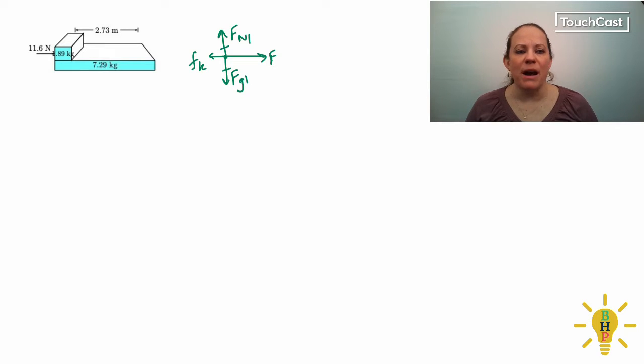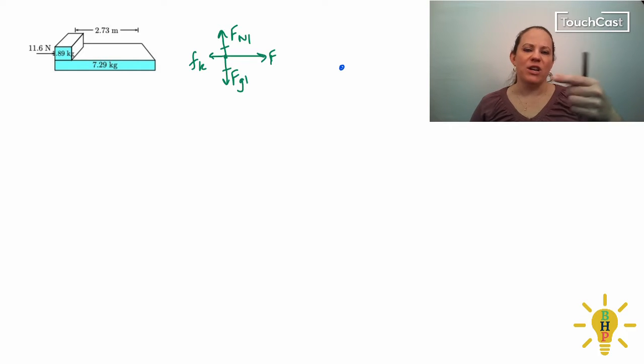So now let's talk about the force diagram for that bigger block. What might not be immediately obvious, and you're going to have to think about a little bit, is that Newton's third law tells us that the two objects in an interaction experience that interaction, that force, with equal sizes in opposite directions.